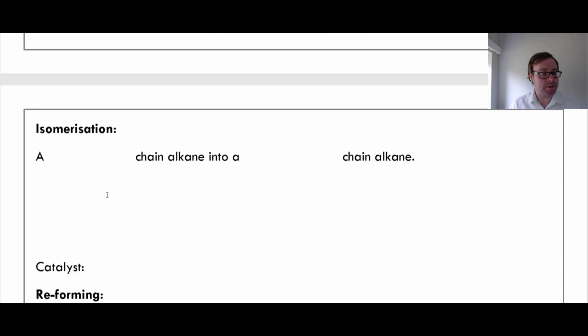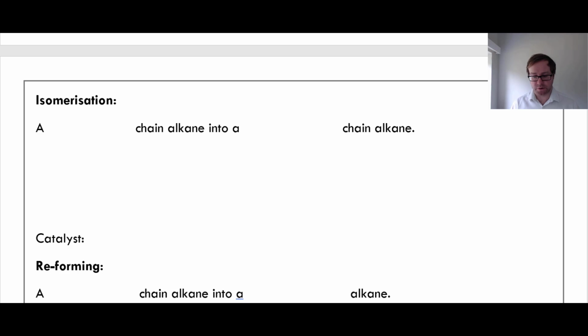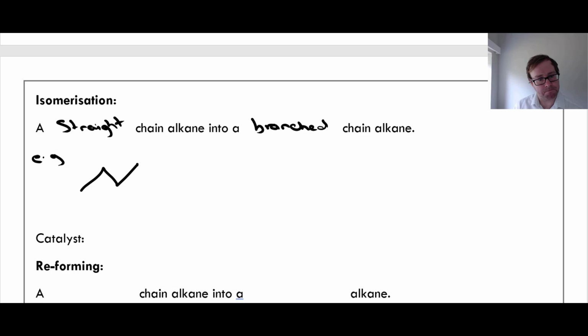Okay, moving on. So we're talking about making longer hydrocarbons into more useful products. Cracking is one method. The next method is isomerization. And this is generally taking a straight chain alkane and turning it into a branched chain alkane. E.g., again I'm going to do a skeletal formula.